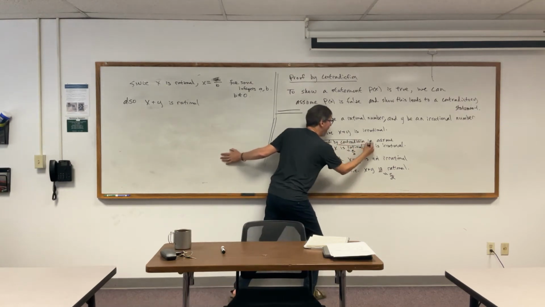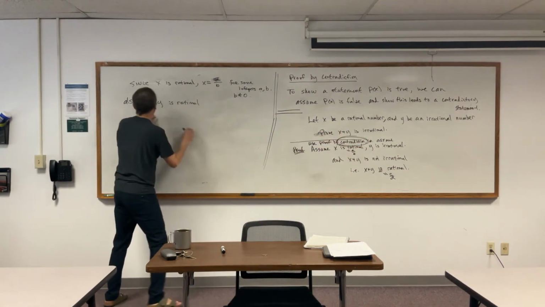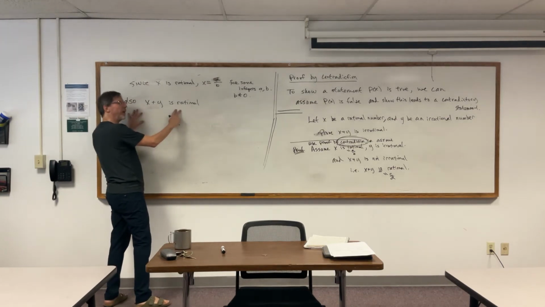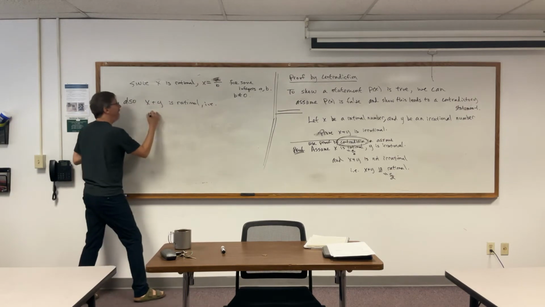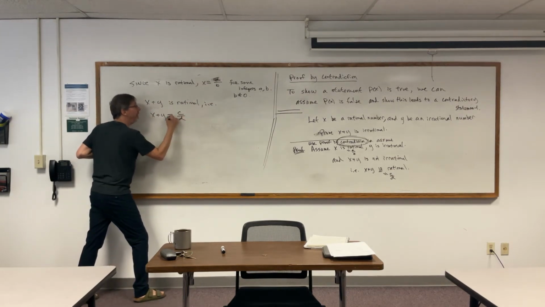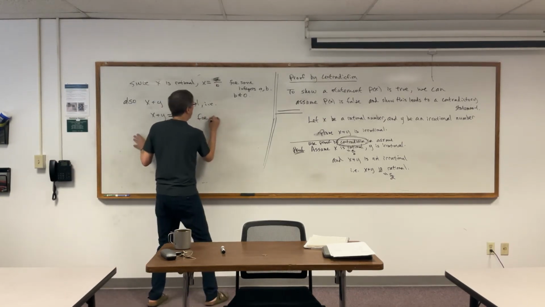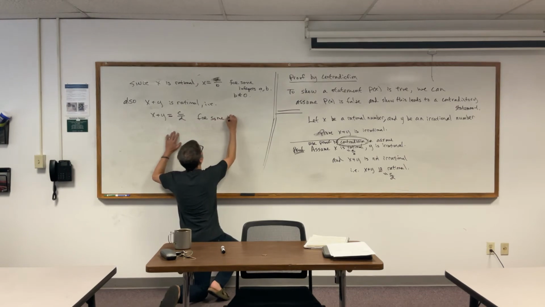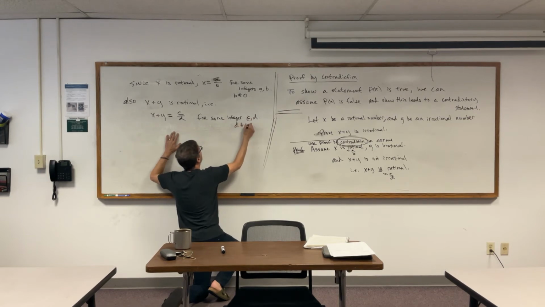I'm super glad Joey asked me about that, because this is going to blow things up for us. That is, x plus y is some other fraction. You have to use different variables, since we don't know that they're the same: x plus y is equal to c over d for some integers c and d, and d is not equal to 0.